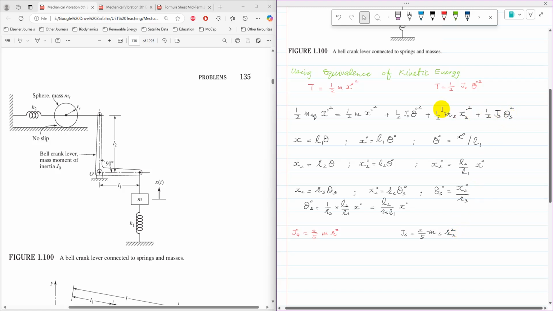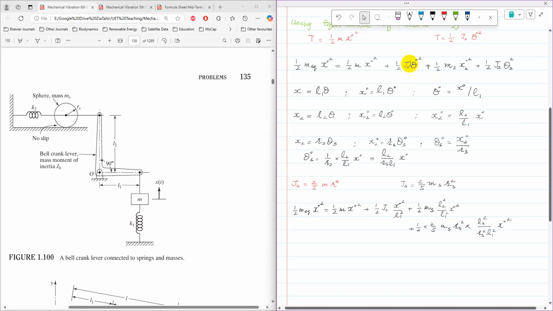Now I have simplified everything so that I can write these three terms in terms of x dot. I can substitute theta dot here, x2 dot here, and theta s here to simplify further. In the second term I can substitute theta dot as x dot over L1, so it becomes x dot squared over L1 squared.